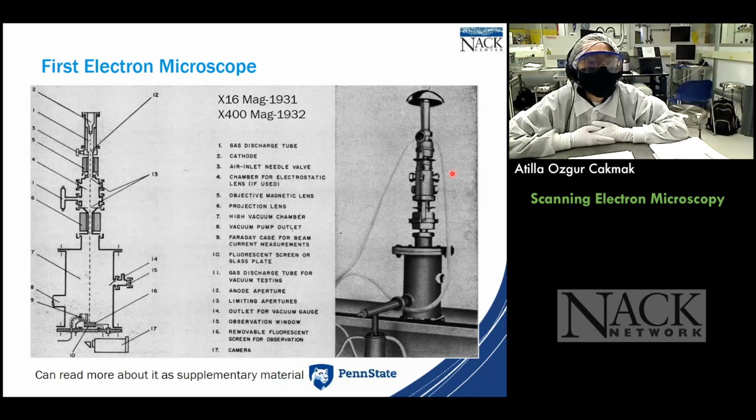The idea was to beat the resolution limit, or the magnification limit, of the optical microscope. Maybe some of you know that number. It's around 1,000. So if you do better than 1,000 times magnification, you already beat the optical microscope. And they were able to show that by the early 1930s.